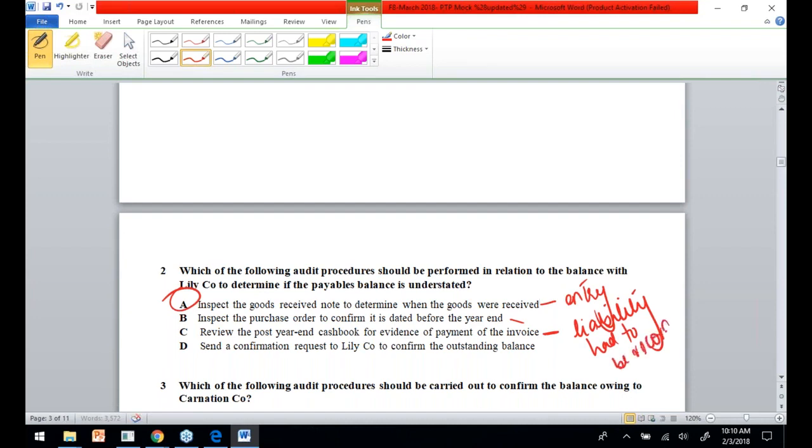Hence, the payment would not have mattered. Send a confirmation request to Lilly Company to confirm the outstanding balance, and Lilly would have confirmed 175, and the problem remains the same. The correct answer would have been A. Inspect the goods received note for the invoice to determine when the goods were received, because that's when the entry should have been booked.